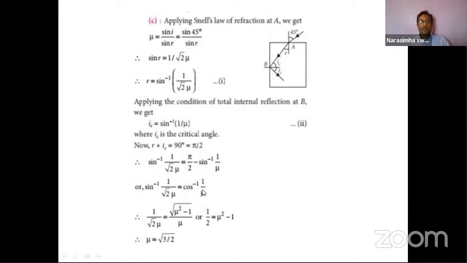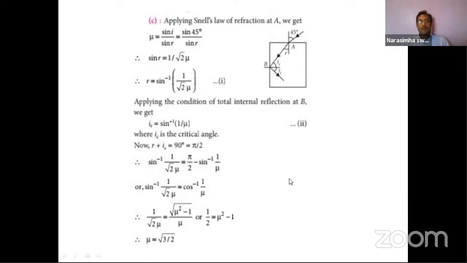So this can be rewritten as cos inverse. Then the root will be cancelled, and the mu cancels. Then 1 by 2 is equal to mu square minus 1 remaining. Simplifying further, taking out mu square, you get 3 by 2, and mu is equal to root 3 by 2.